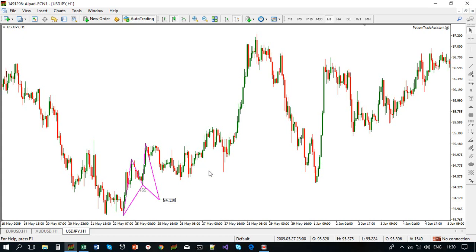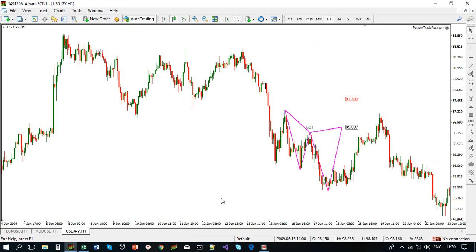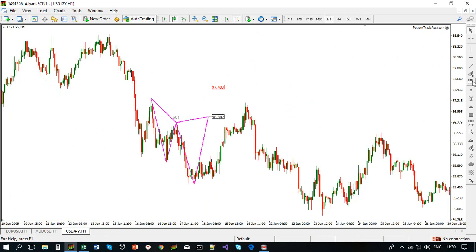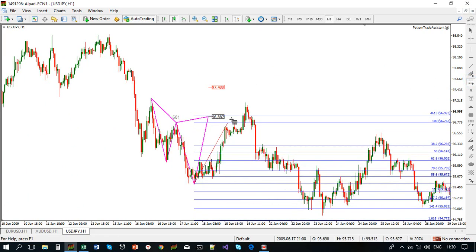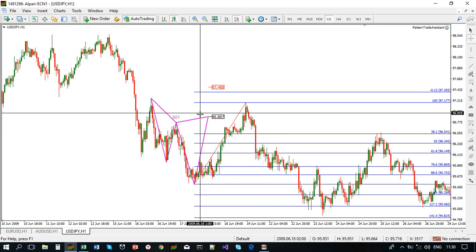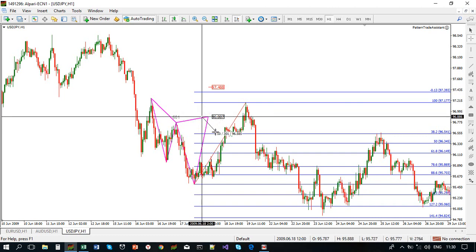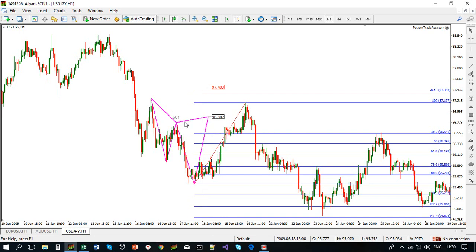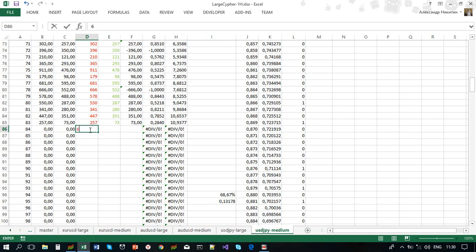So the software draws the pattern and it doesn't care what is the next price action, be it invalidation, be it completion, or be it a stop loss, whatever. 34.8 versus 601, 601, 34.8, and it equals winner.